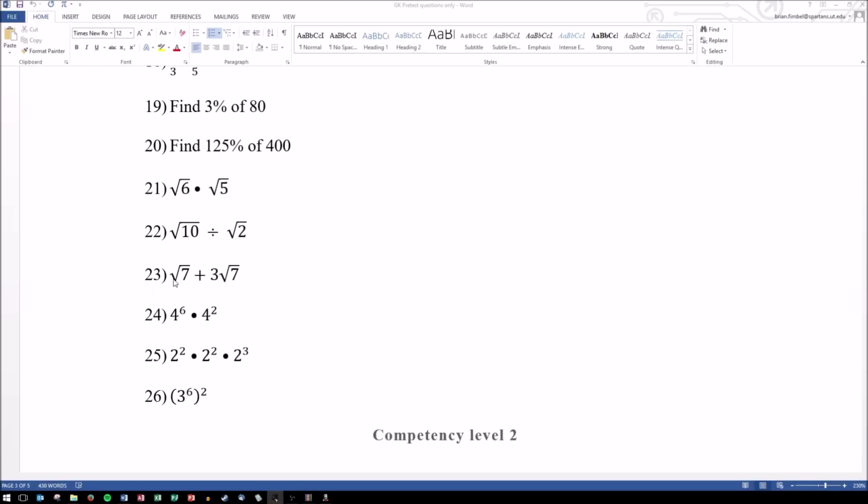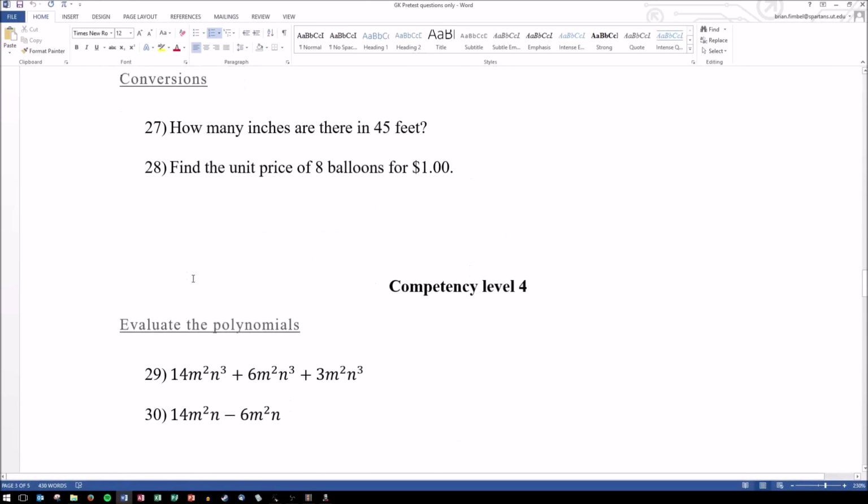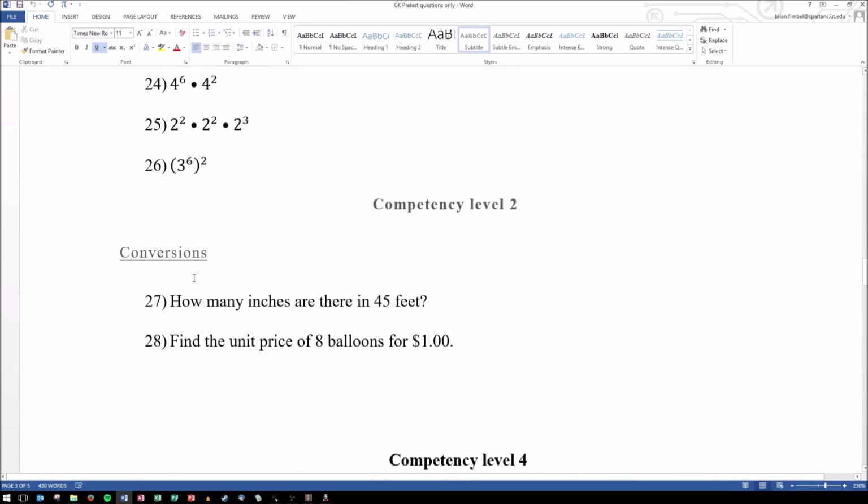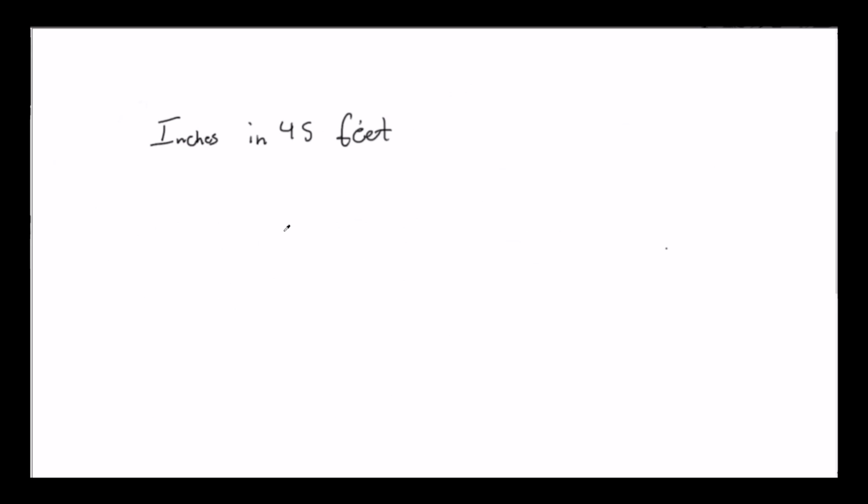Let's see what we have coming up next. Looks like we're actually moving out of the first competency now. Yes, we are. Alright, so how many inches are there in 45 feet? They want to know how many inches there are in 45 feet. So the first thing I'm going to do is look at it and go, well, am I trying to get how many smaller units from a larger unit, or the larger unit into the smaller unit? Well, I know inches are smaller than feet.